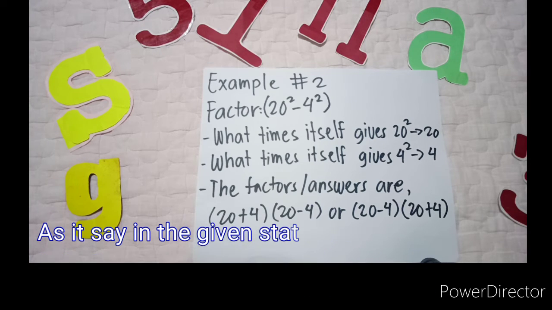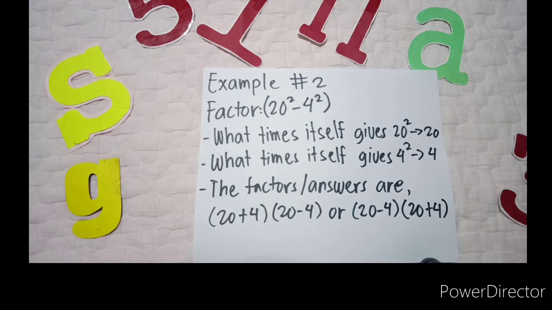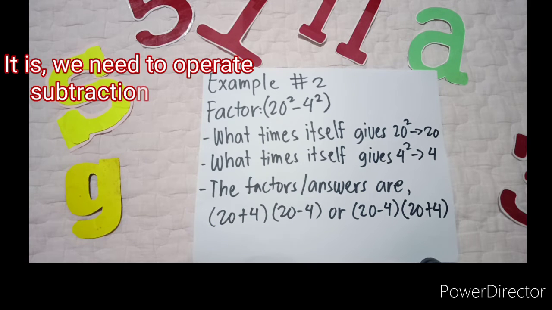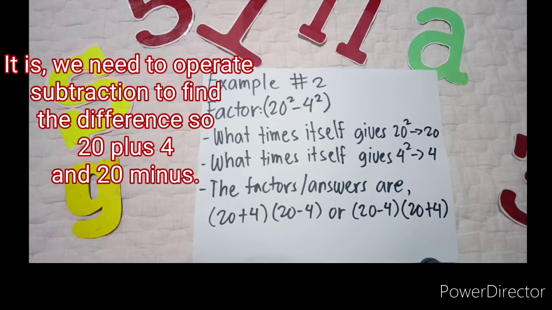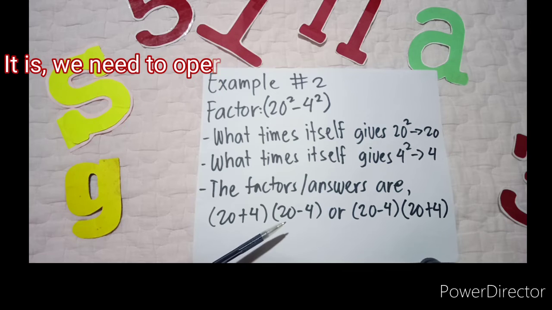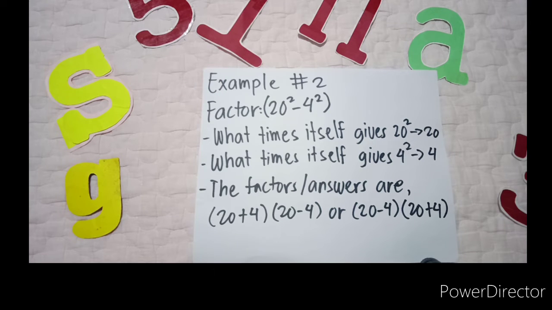So what is the meaning of difference? We need to operate subtraction to find the difference. So 20 plus 4 and 20 minus 4, or either way, 20 minus 4 times 20 plus 4, is the factor of 20 squared minus 4 squared.